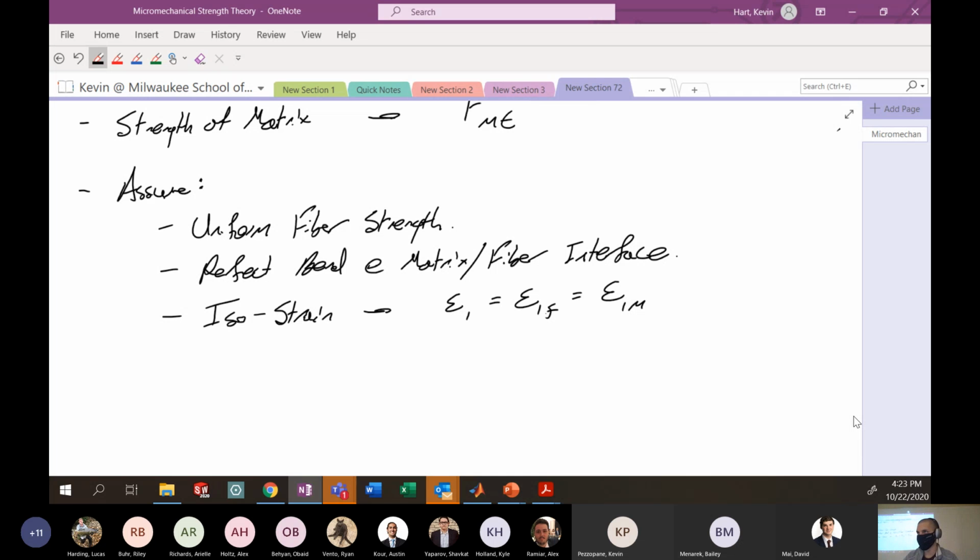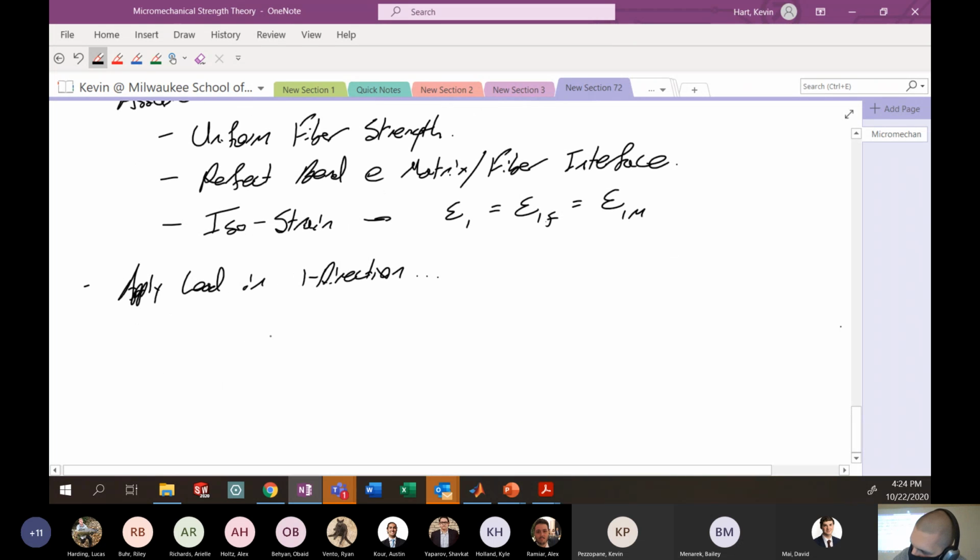So to develop our model, we're just going to apply load in one direction and see what happens. And we're going to have something like the load in the one direction is equal to the load that's on the fibers plus the load that's on the matrix.